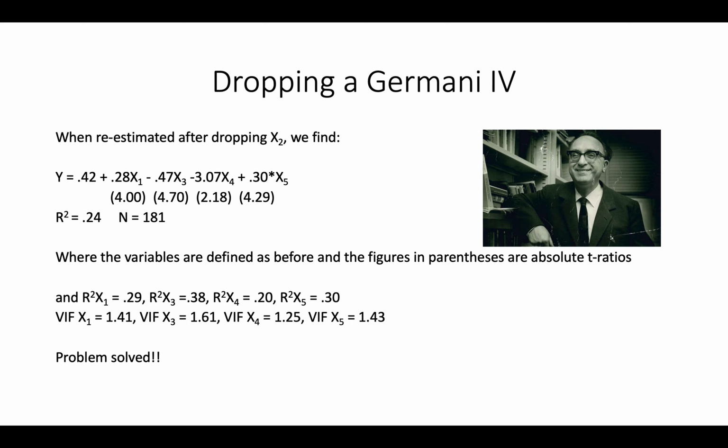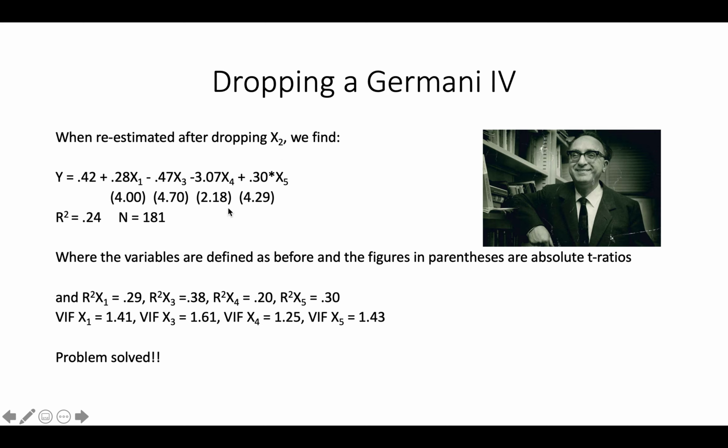If we drop x sub 2, we find that the conclusions from this particular regression analysis are quite different. Let's look at these results. So if we look at, first of all, the t-statistics for each of the 4 independent variables remaining in the model, after dropping x sub 2, we find that they're all statistically significant.